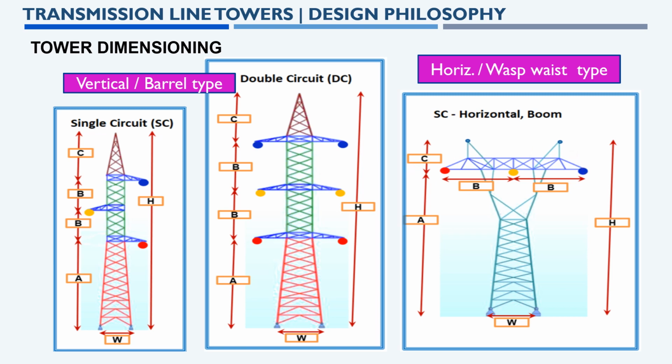As we already discussed, where the conductors R, Y, B, red, yellow and blue, are connected in vertical direction, we call it vertical or barrel type. In the right-hand picture you can see the conductors are connected horizontally, so we call it horizontal. So we will see the dimensions based upon these tower pictures.